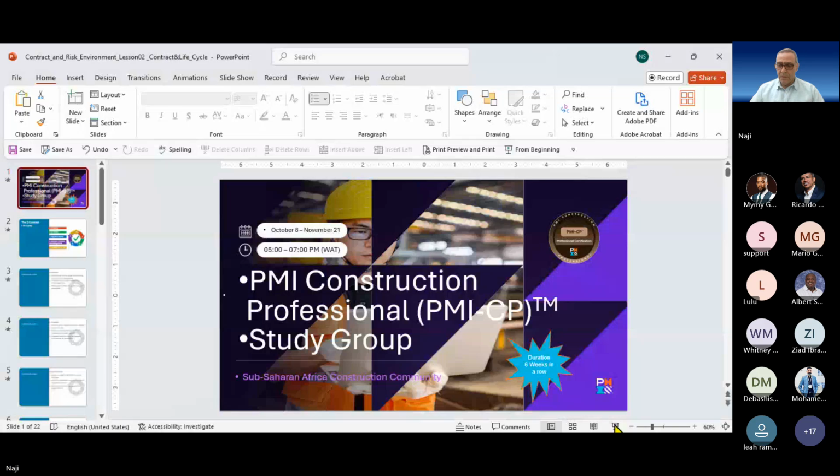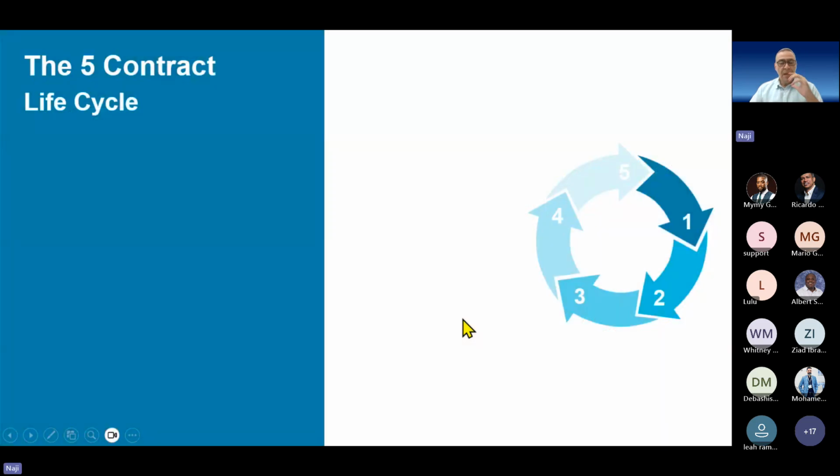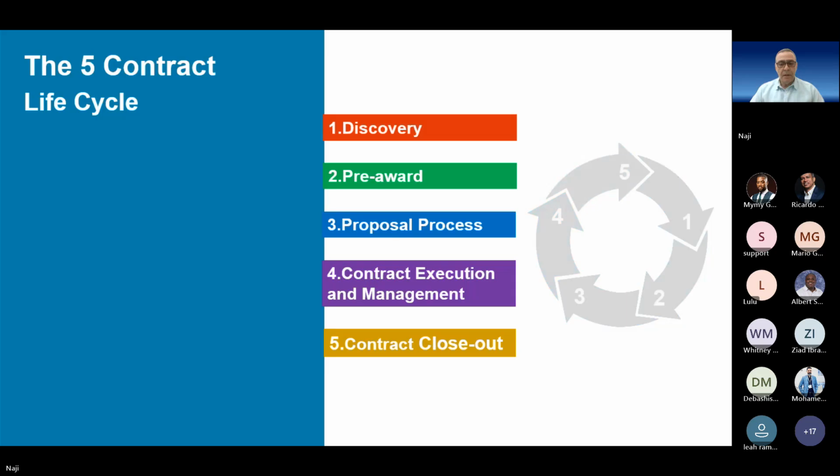Okay, let us start with another presentation, which is our presentation for today. During your study, we learned that we cannot just set a contract. Usually, we draft a contract and we sign it.